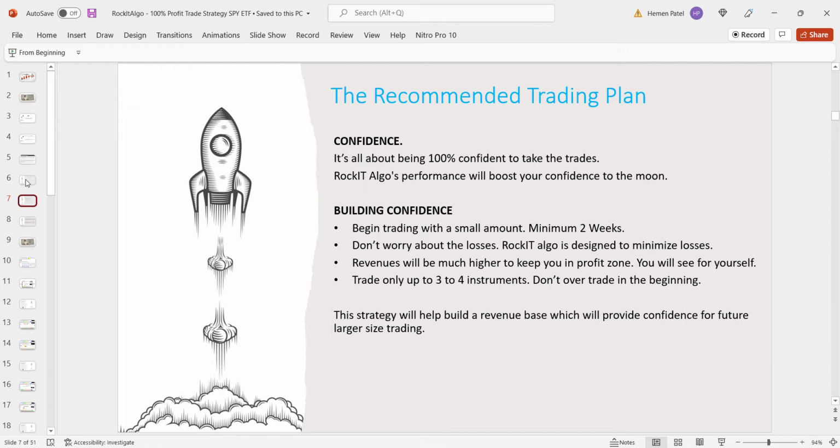Revenues will be much higher, so you will be in a profit zone over a period of 5 to 10 trades. In the beginning, just try to trade 3 to 4 instruments and build that capital. Once you build that capital in the initial 1 or 2 weeks, then you can increase your trade size. And confidence is very important, in trading in general.